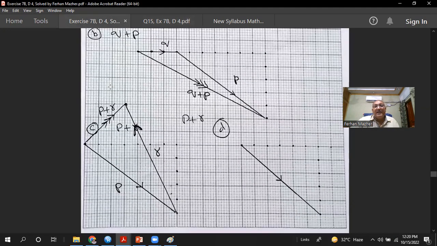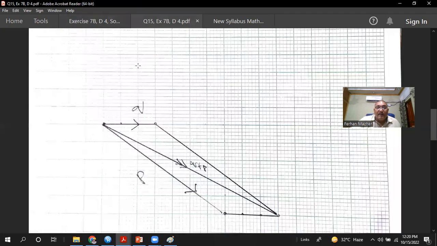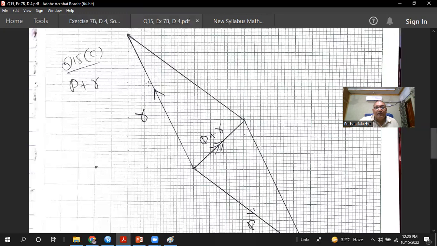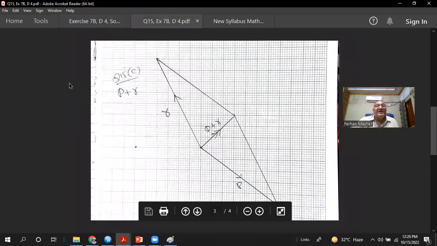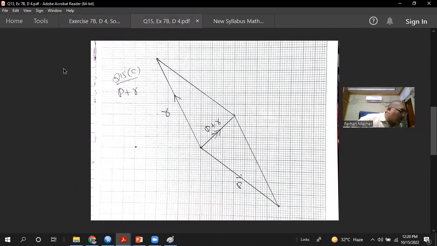Here the C part, we have done the P plus R with the help of the triangular law. This is the triangular law. And here, let me reduce the size. The P plus R is done with the help of the parallelogram law.